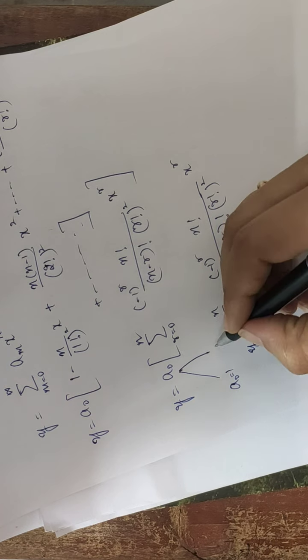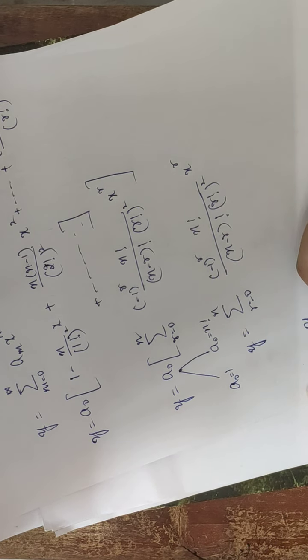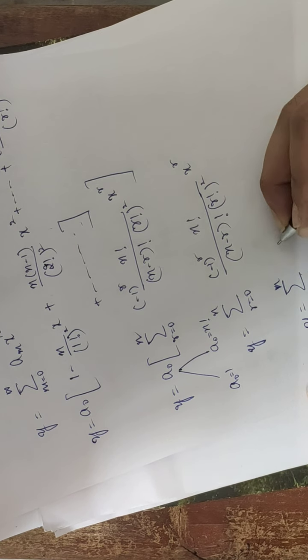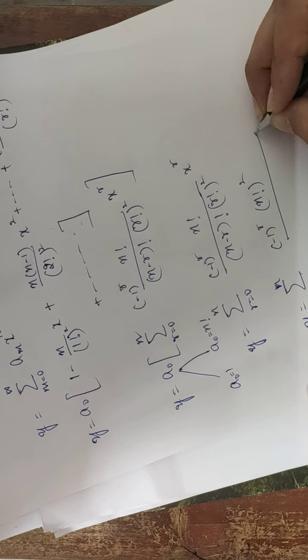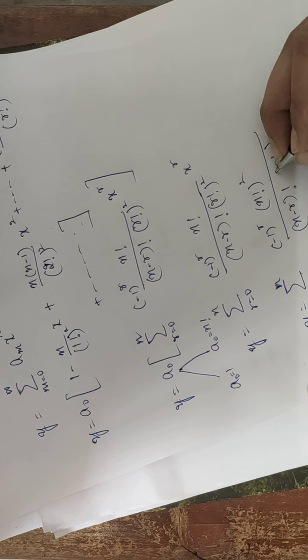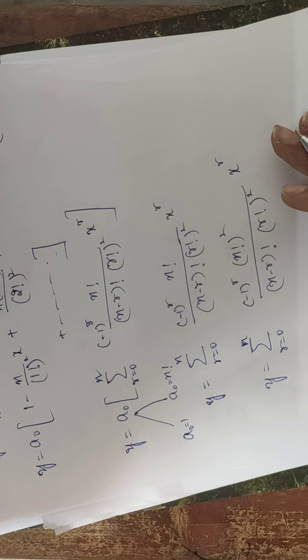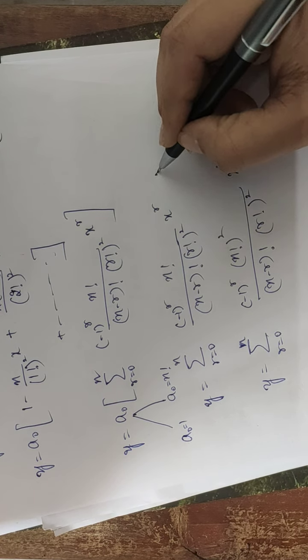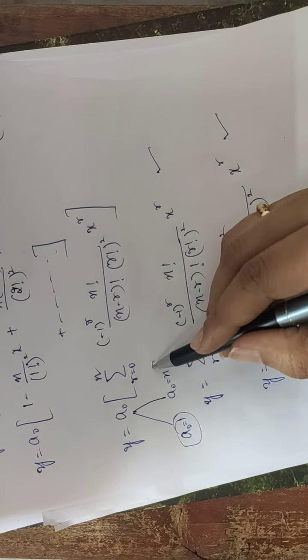Okay, if a naught is equal to n factorial, y will be equal to summation r is equal to 0 to n, (minus 1) power r (n factorial) whole square divided by (n minus r) whole factorial into (r factorial) whole square into x power r. So we will define Laguerre equation in two different forms, depending on the values of a naught.